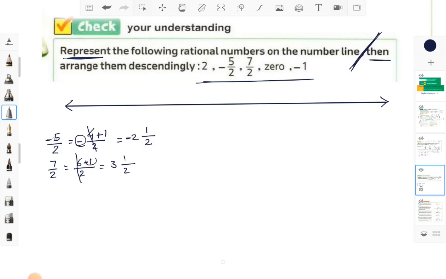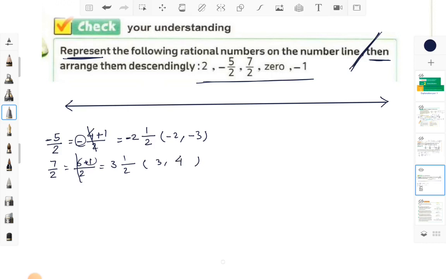This improper fraction converts to the mixed number 3 and a half. Negative 5 over 2 converts to negative 2 and a half. Between what? Between negative 2 and the next, negative 3. And 7 over 2 is between 3 and 4.